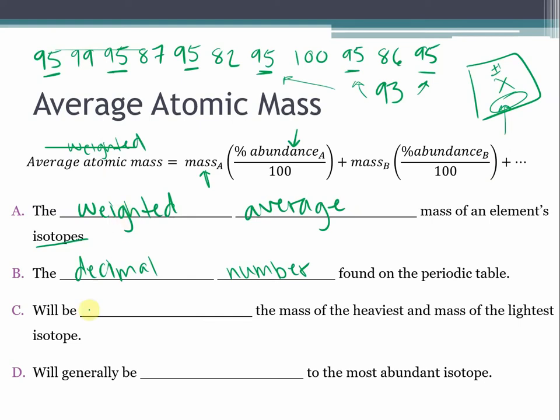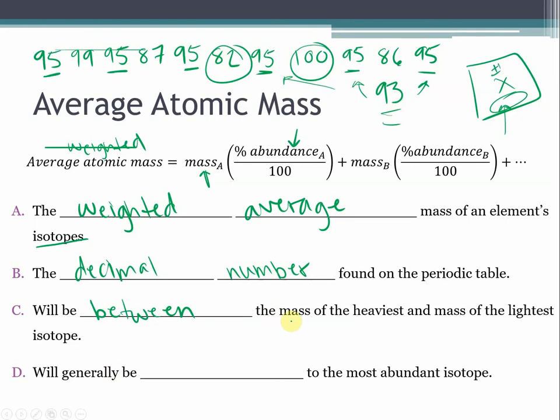When you're doing these calculations, sometimes you don't even have to do math, depending on what you're being asked. You know it should be between the mass of the heaviest and the mass of the lightest isotopes, right? So our lowest grade, our lightest grade here was an 82, and our highest grade, our heaviest grade was a 100, and our average fell between those two.